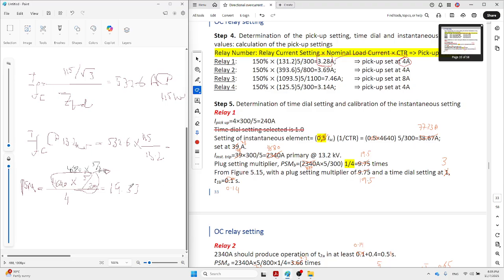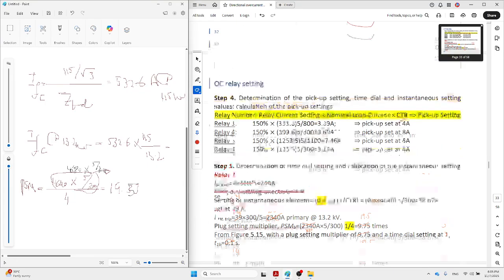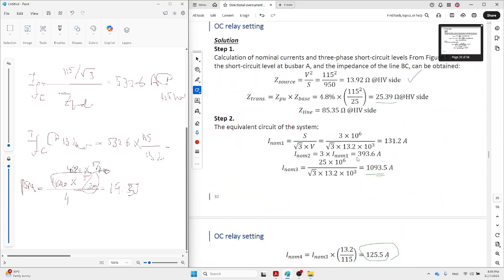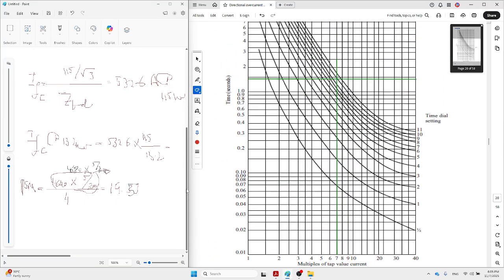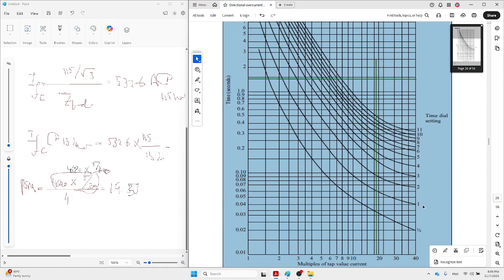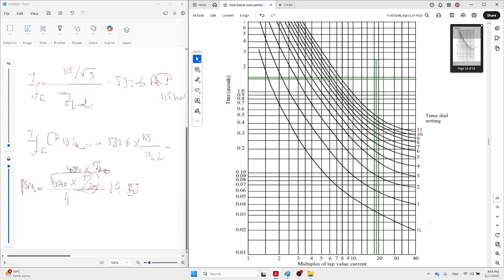From this value, which is 19.5, we should use the graph. Where is your graph? The graph is here. 19.5, let me change. 19.5 is already 20 here. So for the first relay closest to the load, the operation time of the relay must be minimum.